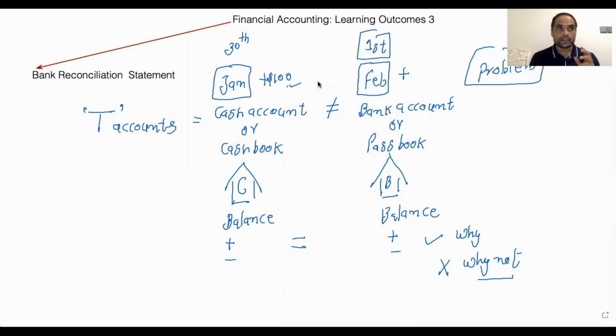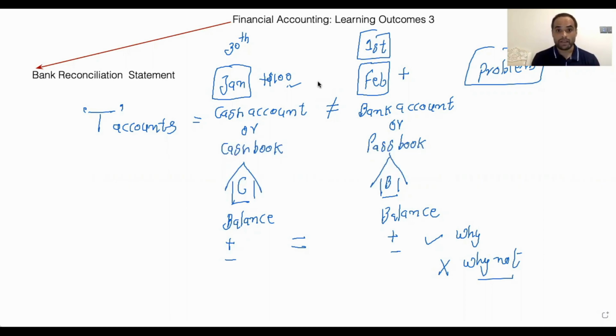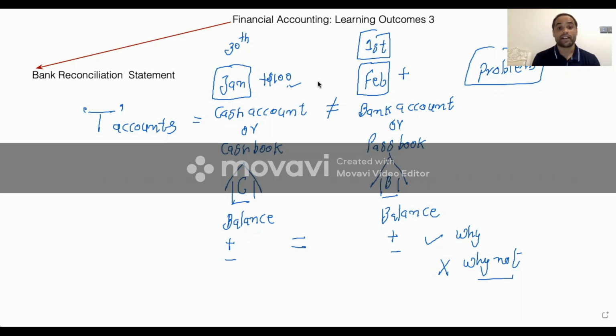So that's why it should be equal. If it's not equal, you will be misled into thinking you have that money, but in reality, that money is not in your bank account. If you misunderstand your payments, the money that you have, you're going to have a problem when you make your investment decisions, because investment decisions require cash.